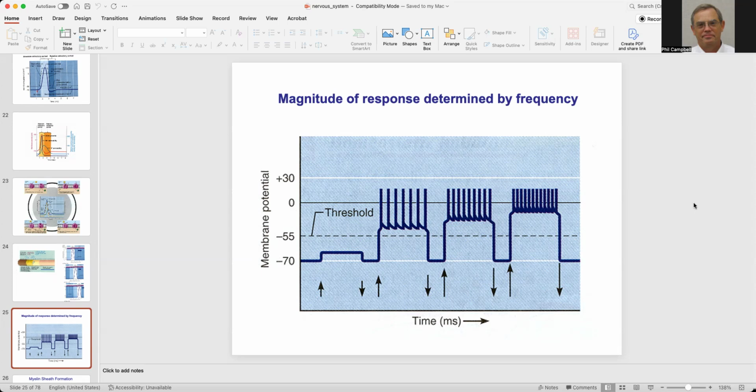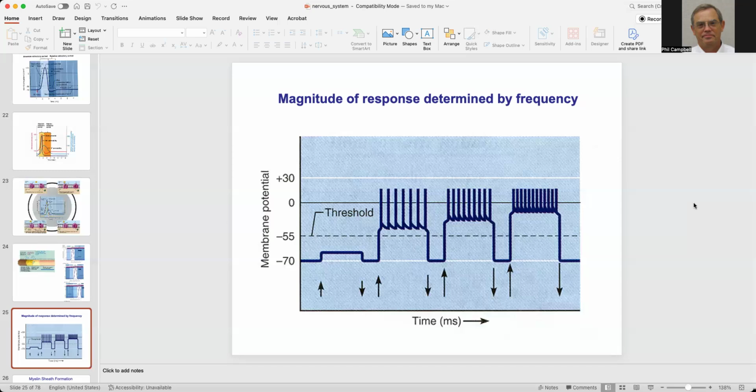It comes back. It recharges, but it can't go below minus 50 because that's where I'm stimulating it. And once it gets down here, this is the absolute refractory period. It comes down here. It doesn't drop all the way down to minus 70 because it's in the relative refractory period, and I can initiate a second wavelet, and that comes up, comes down, comes up, comes down. So with this level of stimulation, I can stimulate 1, 2, 3, 4, 5, 6, 7 action potentials.